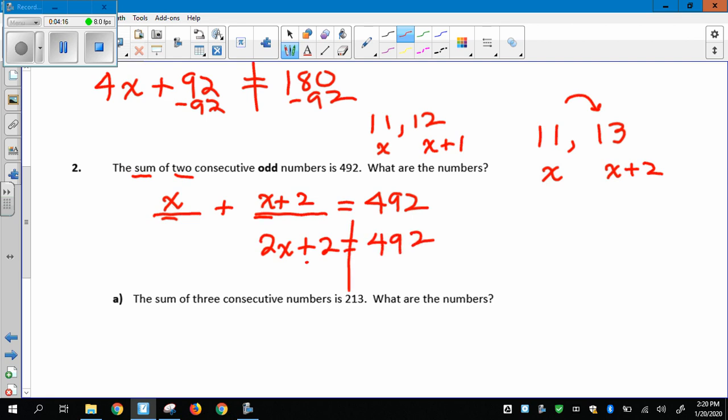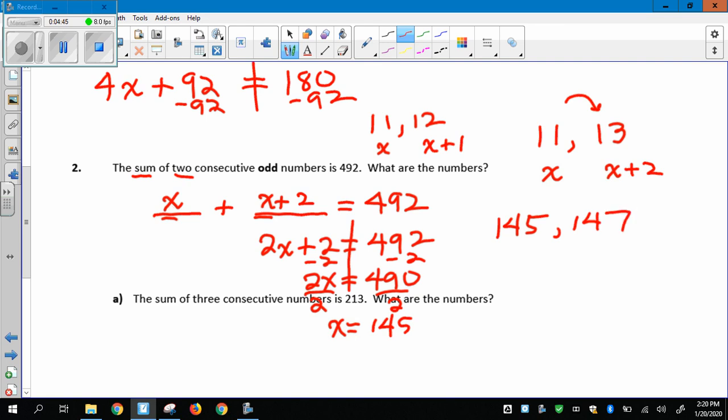I'm going to subtract 2 from both sides, and I get 2x equals 490. Now dividing by 2 gives me x equals 145. So I now know that the smaller of these two consecutive odd integers is 145, and then the next one would be 2 more than that, which would be 147.